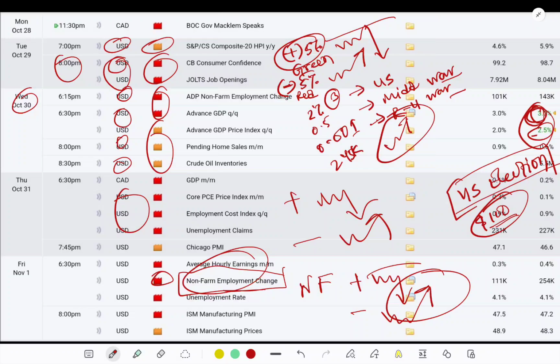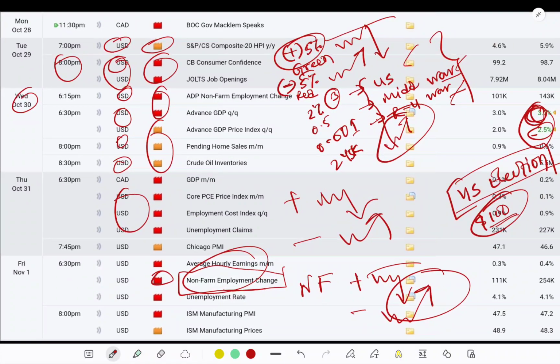There are three things happening around the world: US election, Middle East war, and Russia-Ukraine war. So the market is too unstable and breaking a lot of rules. If you want to take risks or trade in this situation, you must manage your risks.